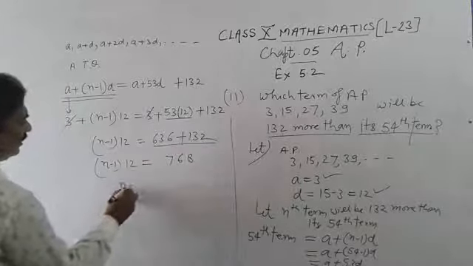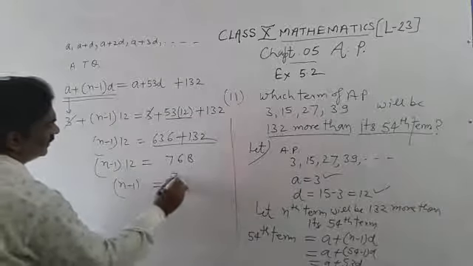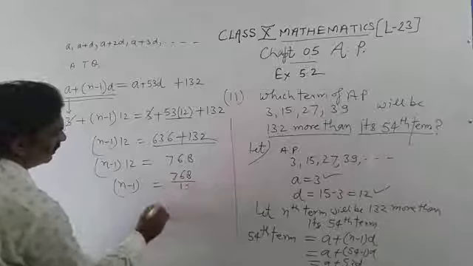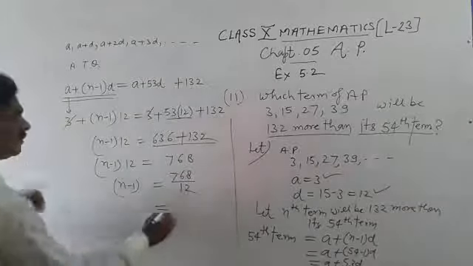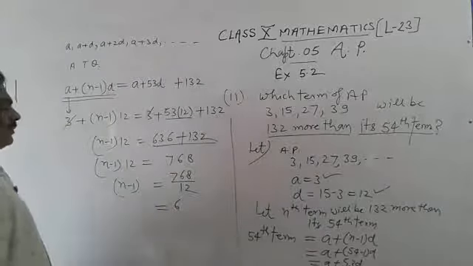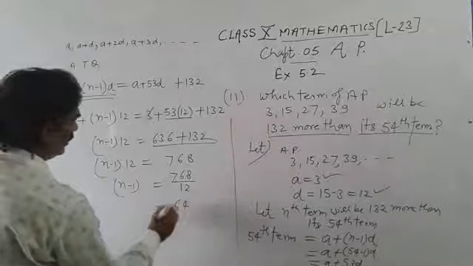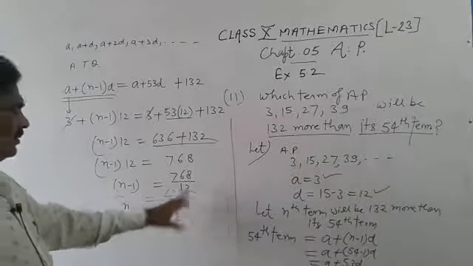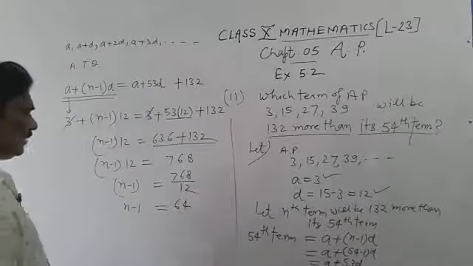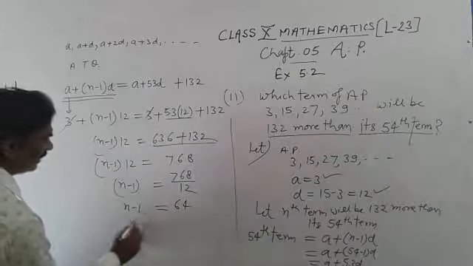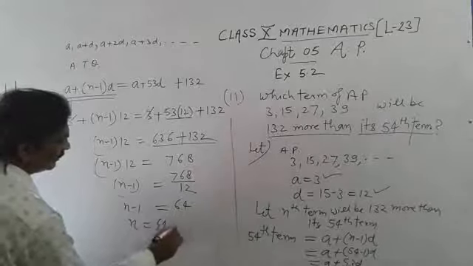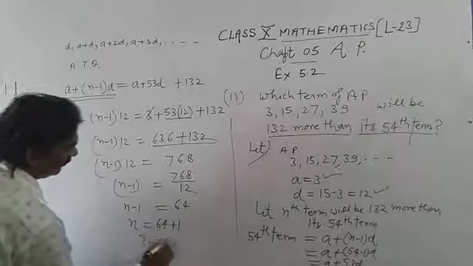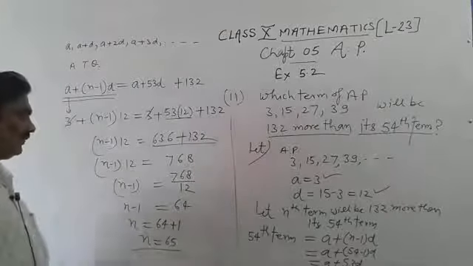So n minus 1 into 12 is equal to 768. Now n minus 1 is equal to 768 upon 12, which is 64. Check it. Correct. Now transposing minus 1, n is equal to 64 plus 1, that is 65. So the value of n is 65.